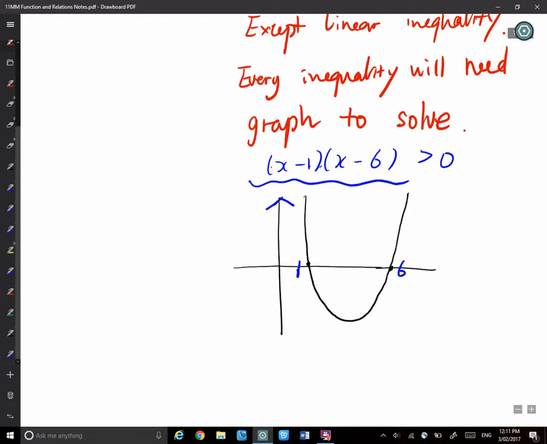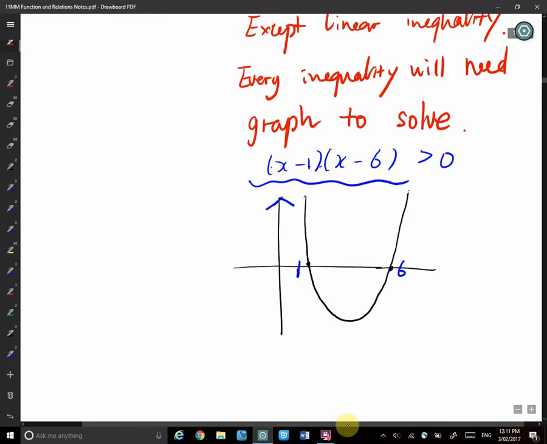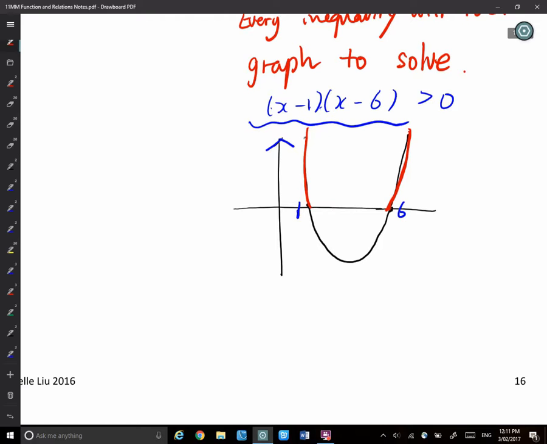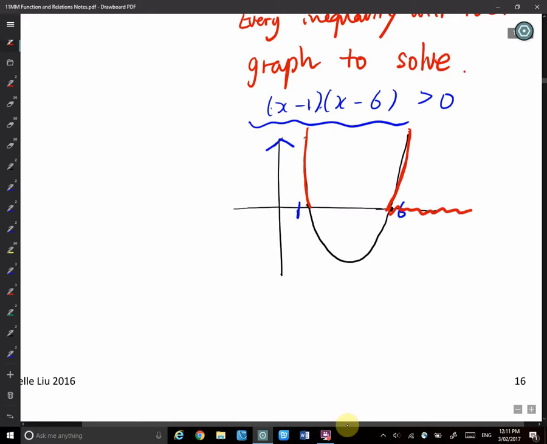So which part of the graph is above the x-axis? This part of the graph and this part of the graph, those red parts, are above the x-axis. So what are the corresponding x values that give those two parts of the graph?